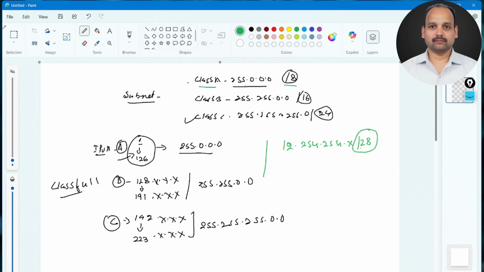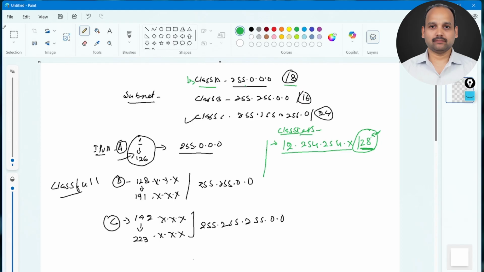So if you see that it is /28, that does not belong to class A by default. So this is classless. You can say this is a classless IP because your IP is from class A, but your subnet is from a different class that is not decided by default. So this is a classless IP address.